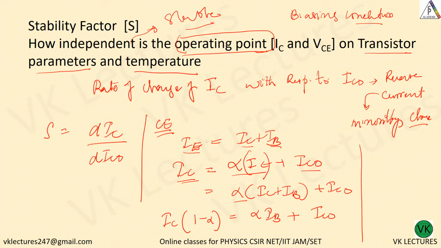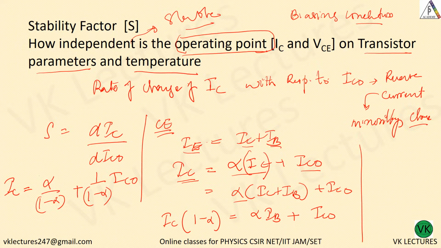Now divide this by 1 minus alpha. What you get is IC equal to alpha divided by 1 minus alpha times IB plus 1 divided by 1 minus alpha into IC naught.